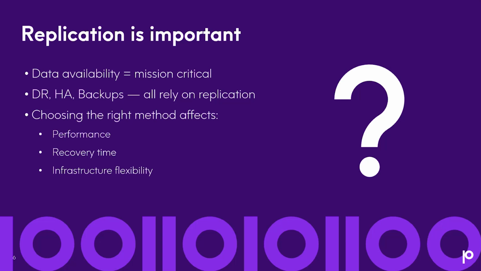There are a number of different ways of going about this, different technologies, different approaches, but all of those approaches and options can have varying degrees of performance impacts. How long is it going to take you to get back if you do need to get that secondary copy? That's kind of recovery time. And then, depending on your computing environment, how flexible your infrastructure needs to be, or how flexible your replication solution needs to be to live inside of your particular infrastructure.